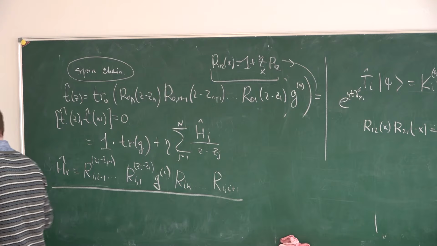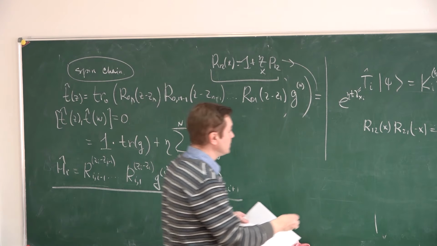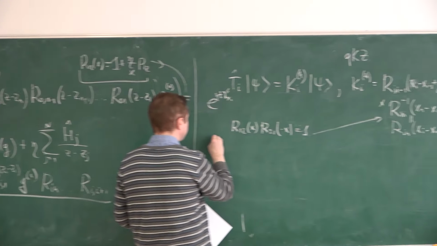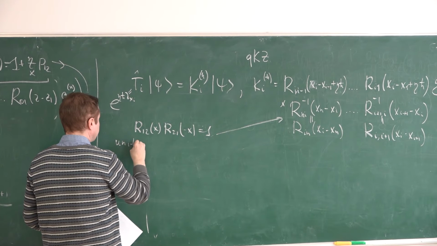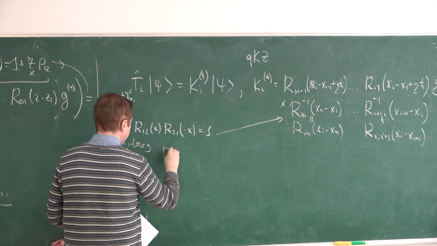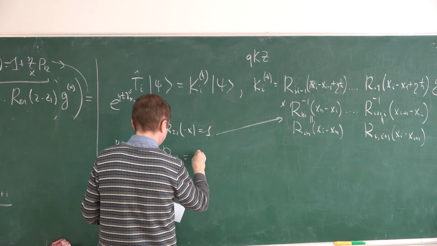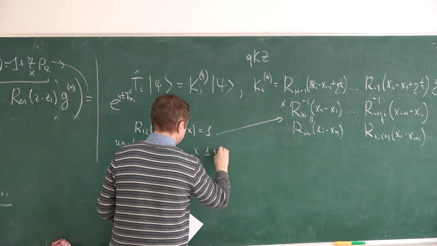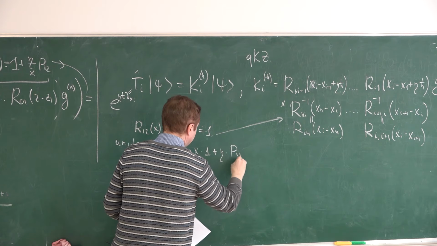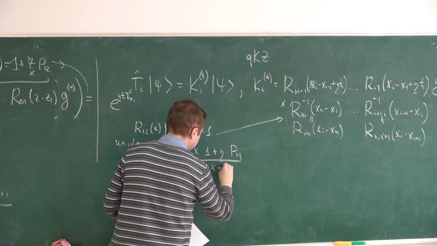More explicitly, in order to have this unitary R matrix, we have our matrix which has the form (x plus eta Pij) divided by (x plus eta).